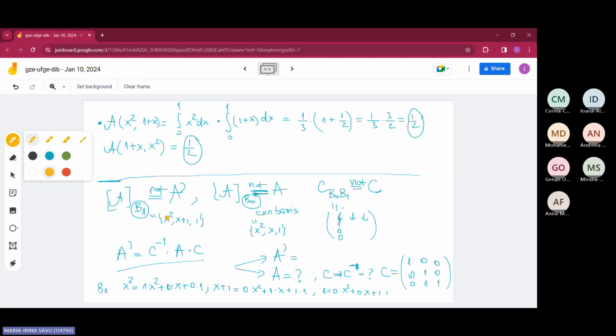Okay, so let me write in this way. x squared from here is this one. x plus 1 is this one. 1 is this one. And these elements are x squared, x, and 1. So you have to express the elements of the new basis with respect to the canonical basis. And this is why you obtain this matrix C in this way. Is this matrix C a symmetric matrix?